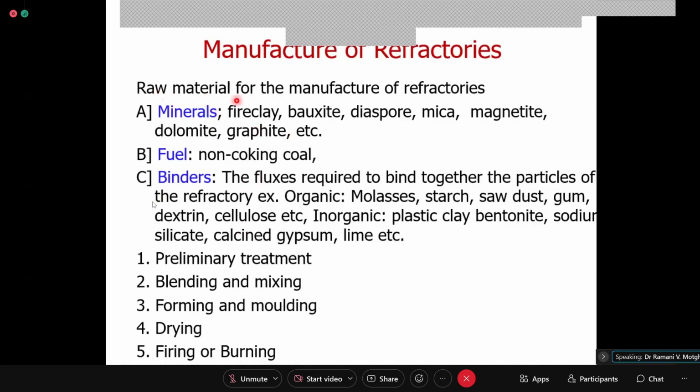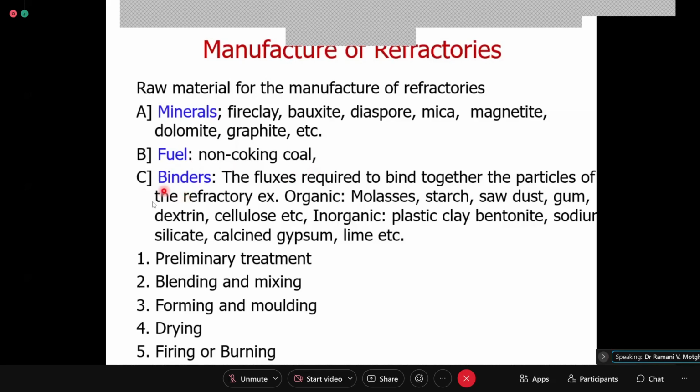The raw materials for the manufacture of refractories are minerals, that is fire clay, bauxite, diaspore, mica, magnetite, dolomite, graphite, etc. You need a large quantity of fuel; non-coking coal is used.